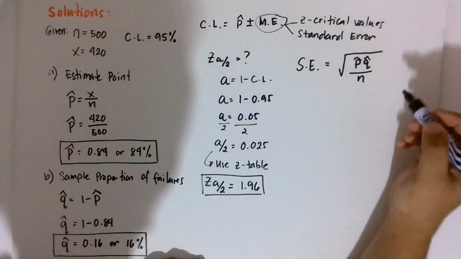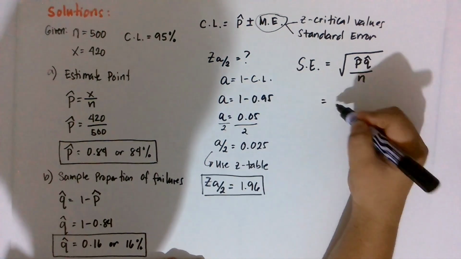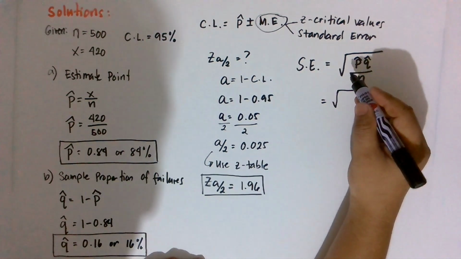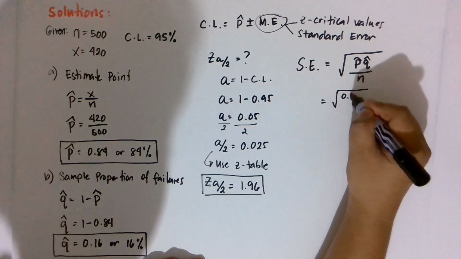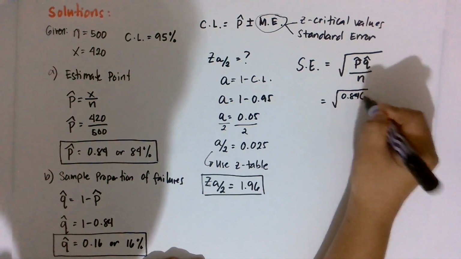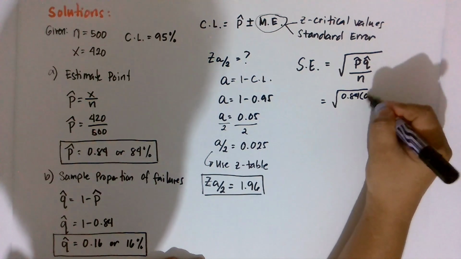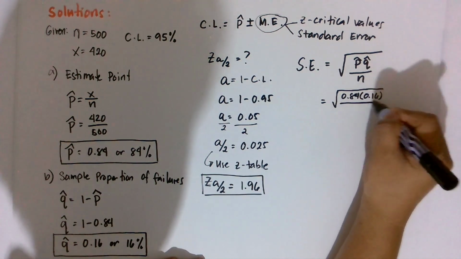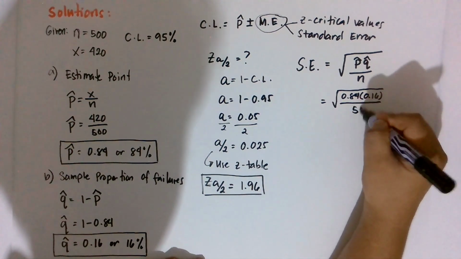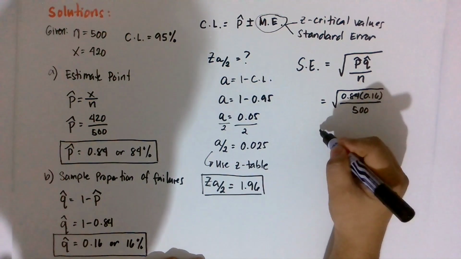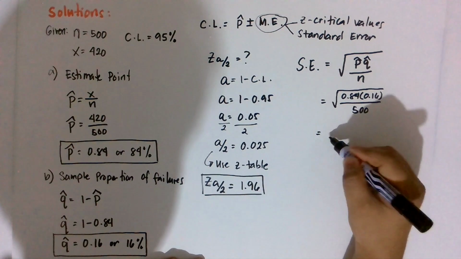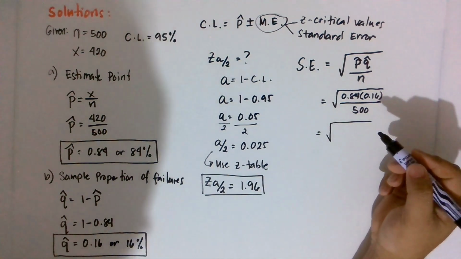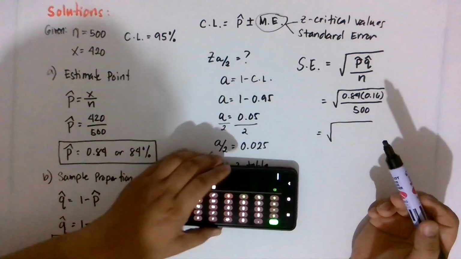So, madali lang to. Isa-substitute lang natin yung mga given values. So, our p hat is 0.84, and our q hat is 0.16. Yan. And our n is 500. So first, we will get the product of the numerator. So 0.84 times 0.16.